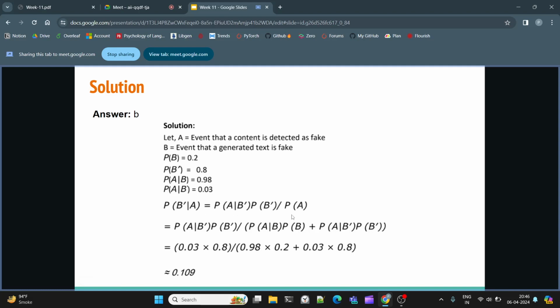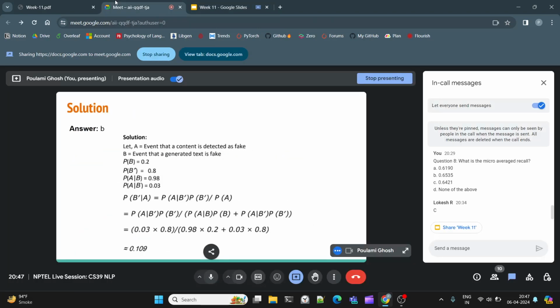Now, the denominator we need to further expand as probability of A given B into probability of B plus probability of A given B dash into probability of B dash. All of these values were either given to us or we have computed them. Now we simply plug in the values, and on doing that, we get 0.109 as the answer. So that gives us option B as correct. Does anybody have any doubt in this question?